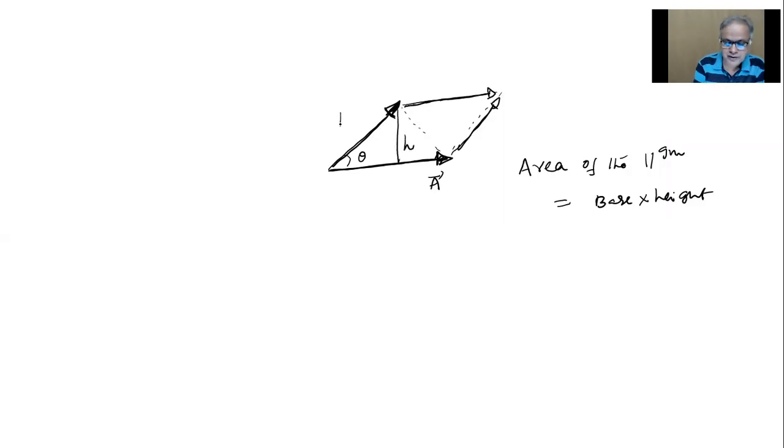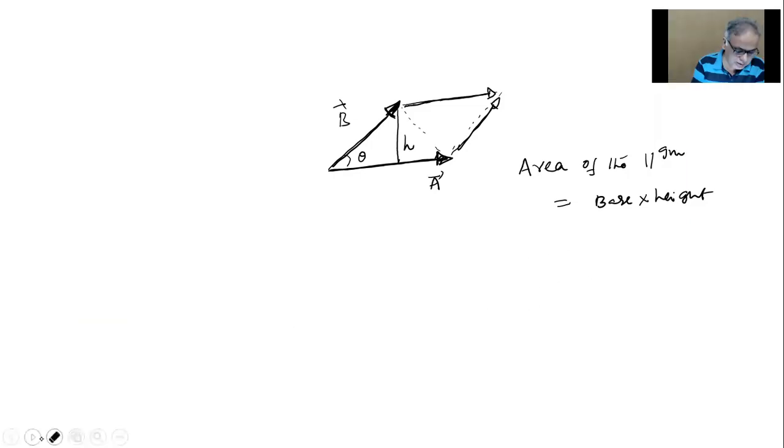Similarly, this one is the same thing. So 2 times area of a triangle, which is half into base into height, so base into height finally.